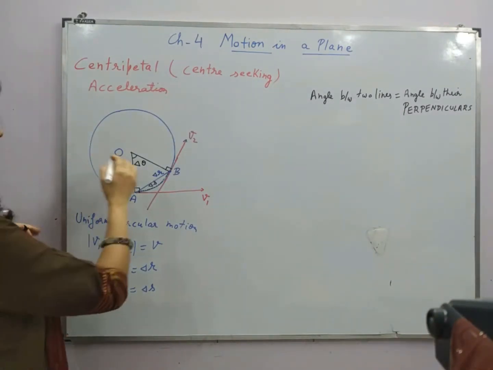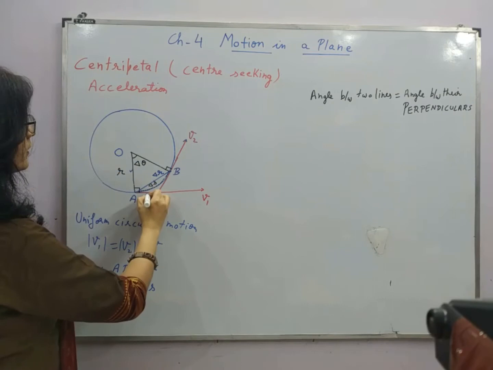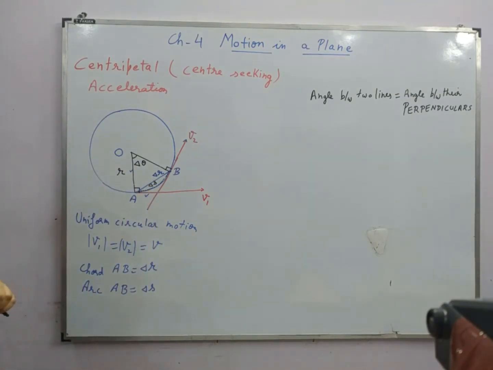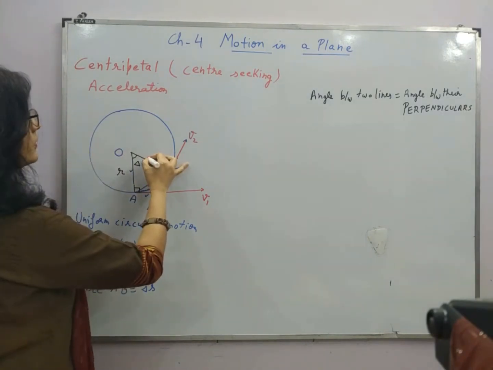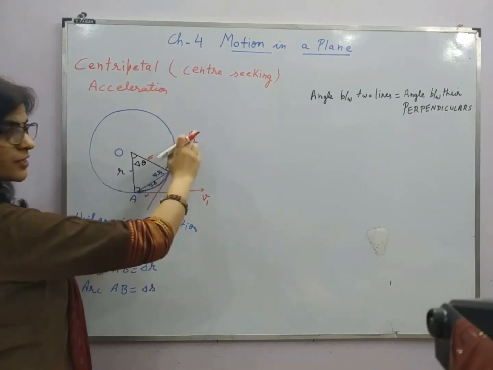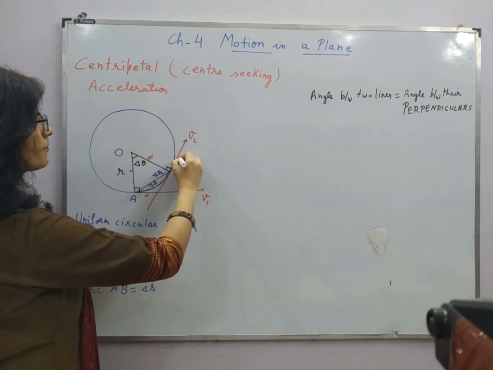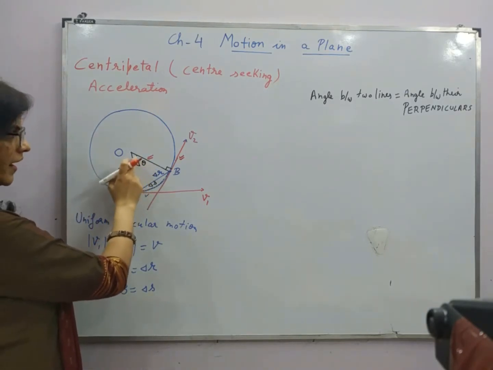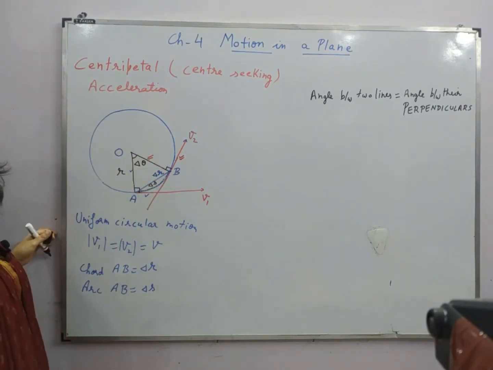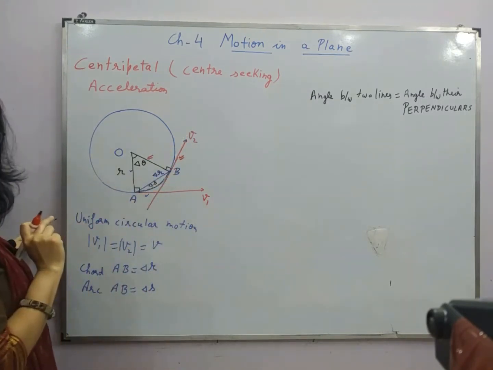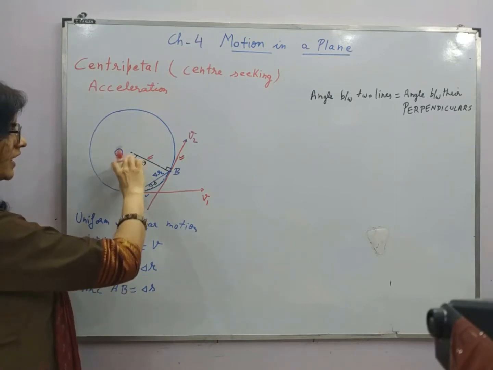Now look at this figure again. This line is perpendicular to this, and OB is perpendicular to this V2 direction. Yes, the angle between OA and OB must be equal to the angle between V1 and V2 directions.